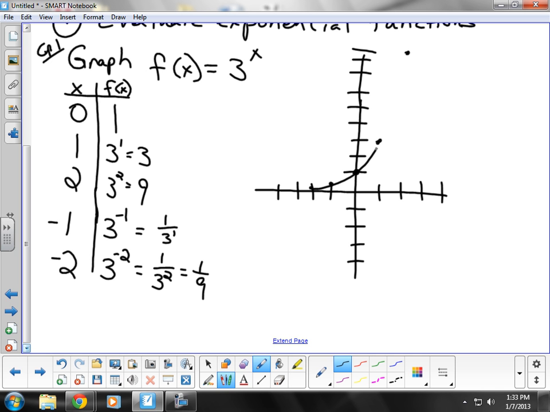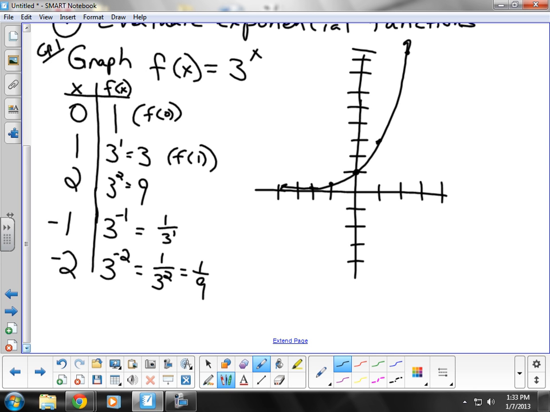So can you see that this exponential function is going to look something like that? Now we've evaluated this f of x at several different x values, right? Because this is f of 0. This is f of 1.